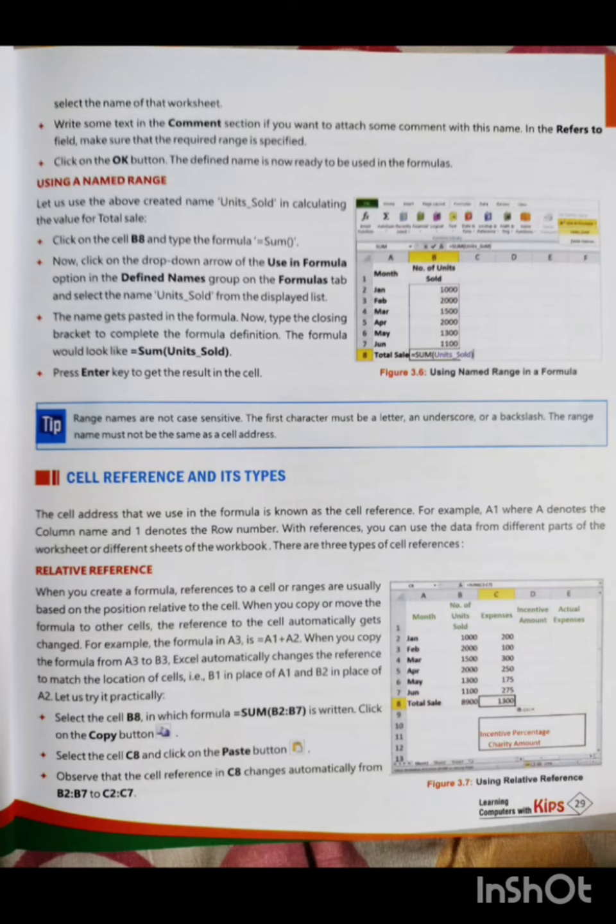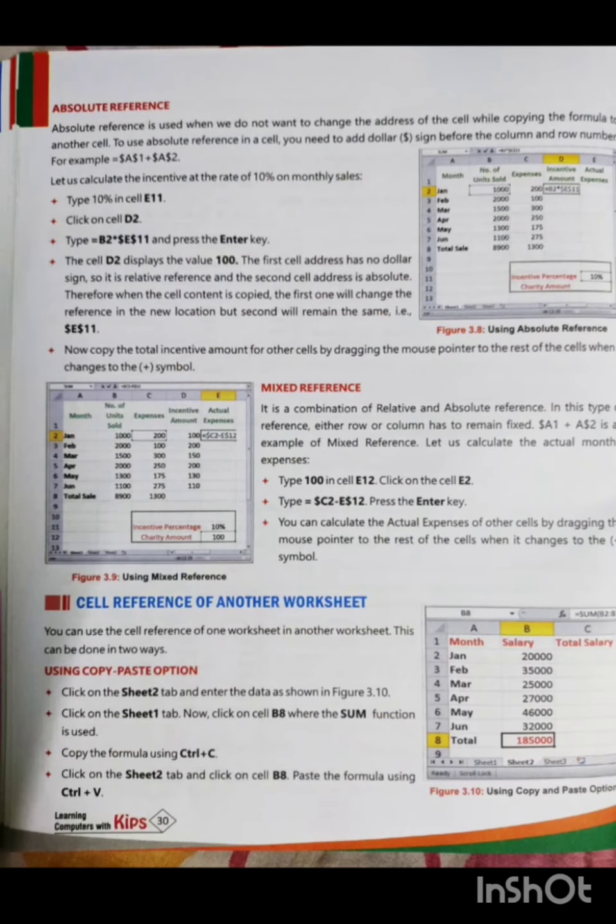Let us see this example. The top picture has the same table. If we write the formula as equals $A$1 plus $A$2, that is considered an absolute reference. Let us calculate the incentive at the rate of 100% on the monthly sales.